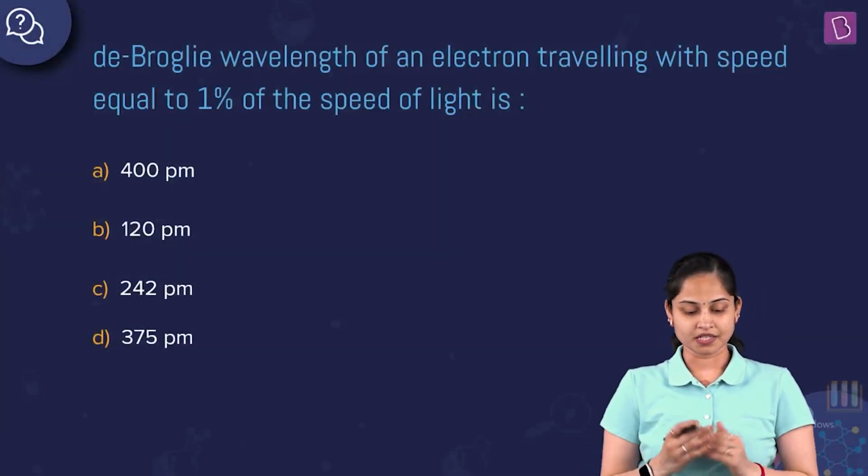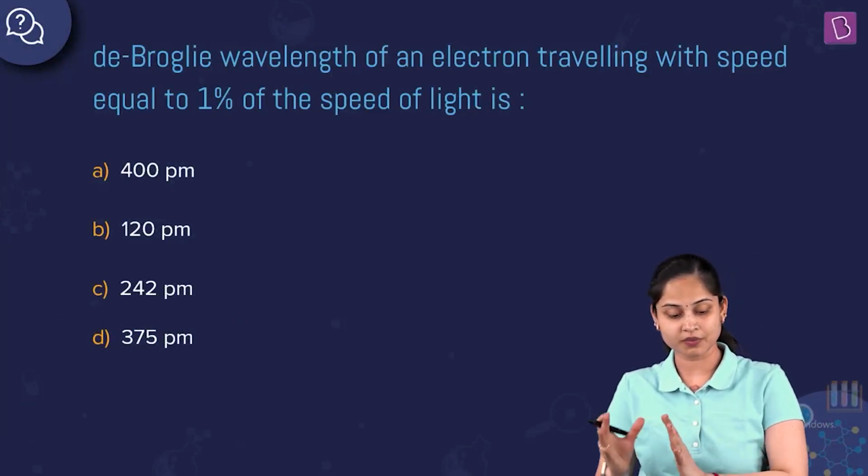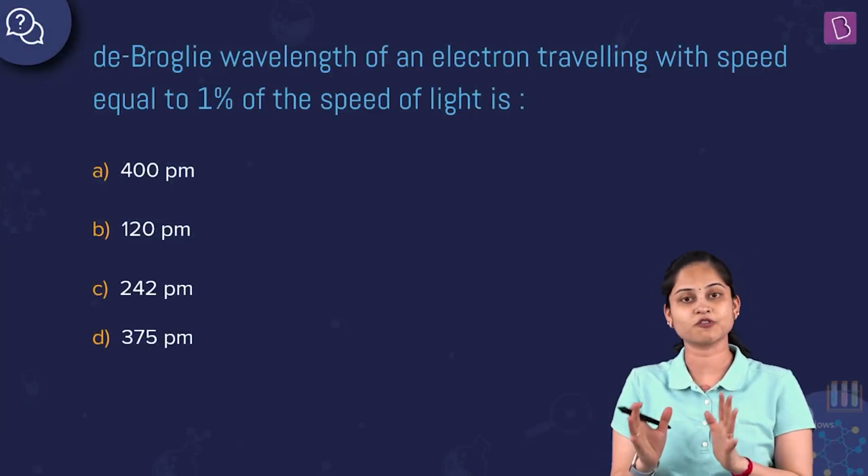The question over here is, de Broglie wavelength of an electron traveling with speed equal to 1% of the speed of light is.